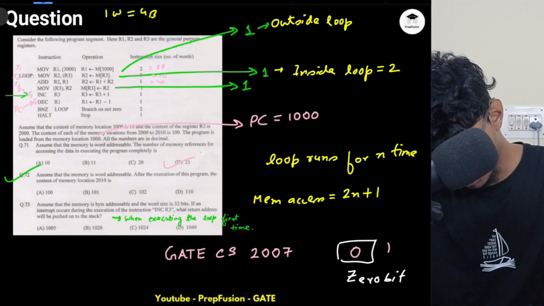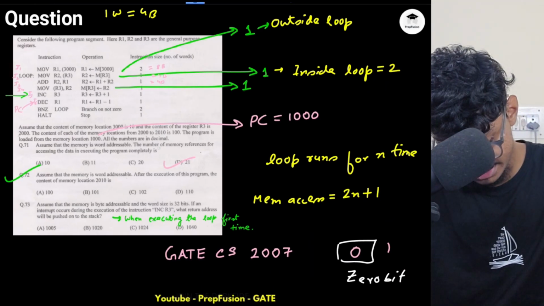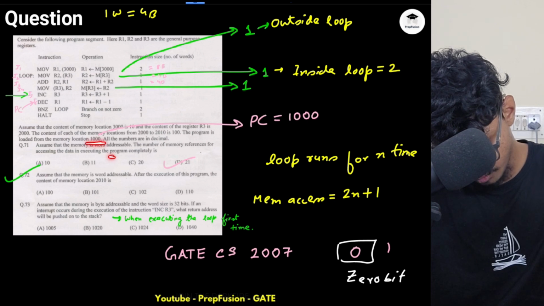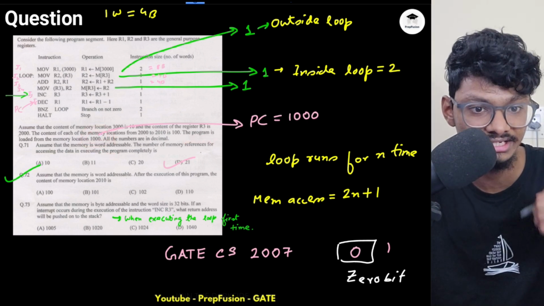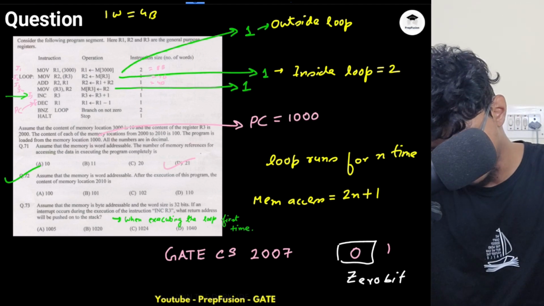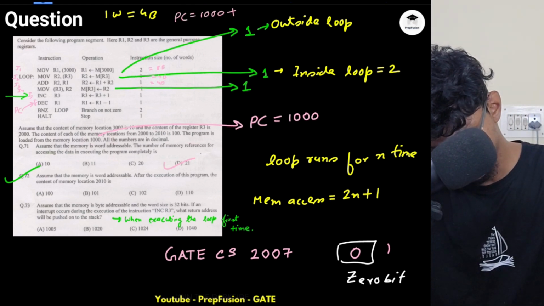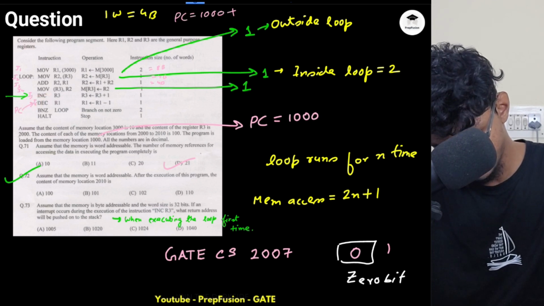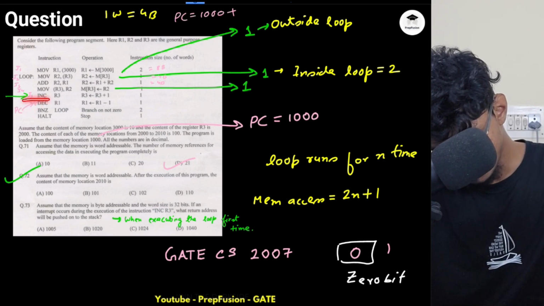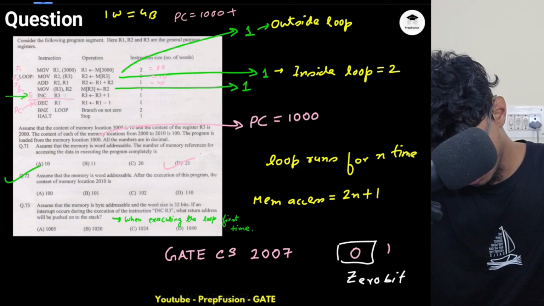So I will just do the simple increment. I started from 1000, because they told me the program started from memory location 1000. So the PC initial value was 1000, and the PC final will be 1000 plus the sum of the sizes until this point. So I have to add all these values.